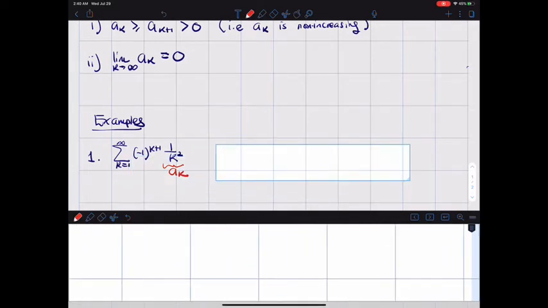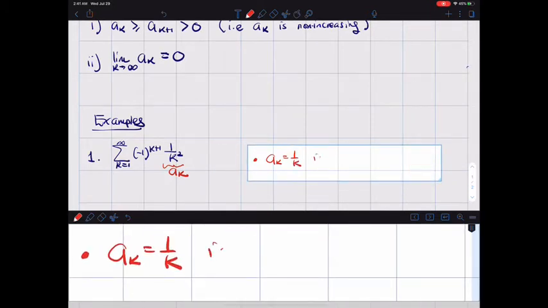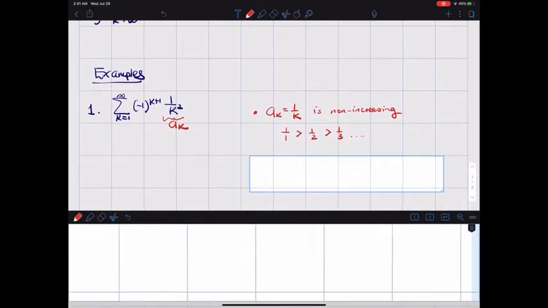So let's look at a few things. 1 over k squared, our a_k, this is non-increasing, because 1 over 1 is definitely greater than 1 over 4, 1 over 9, and so forth. So it's non-increasing.